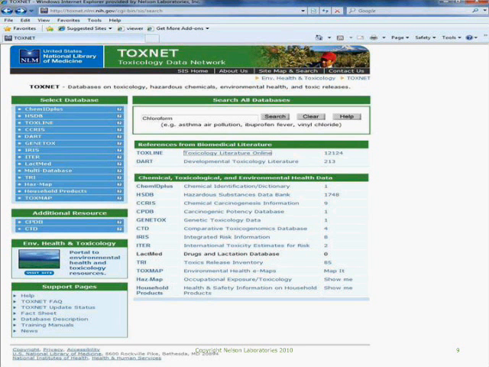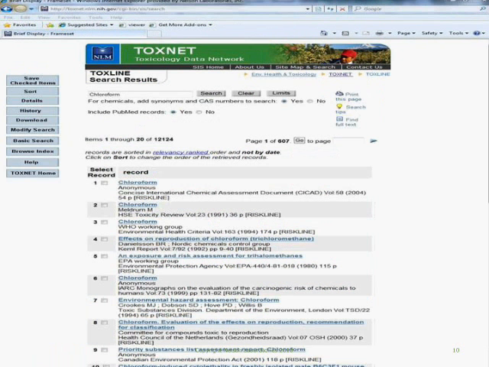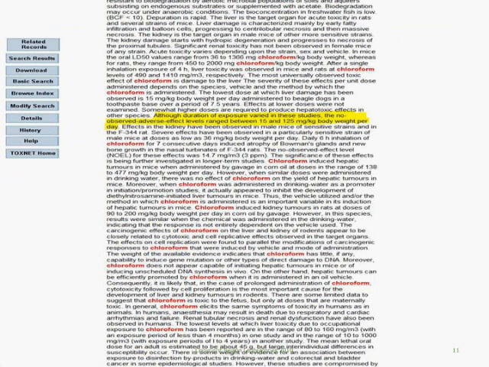In this example, we went to ToxLine as our resource for that data, and we got a ton of data on chloroform that we could go through. So what you do then is go through specific testing from this database looking for the compound. In here we found some tests that had ranges of NOELs, the no observed adverse effect levels, between 15 and 125.